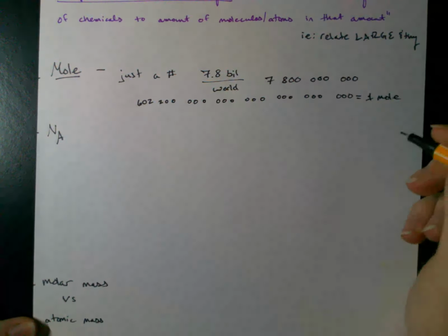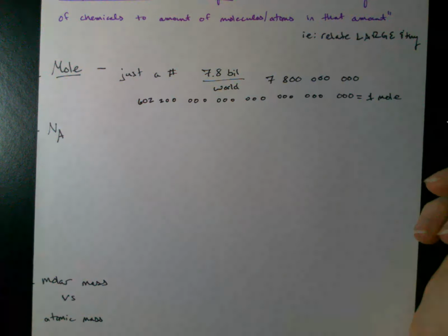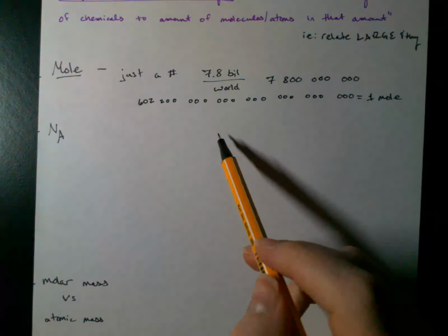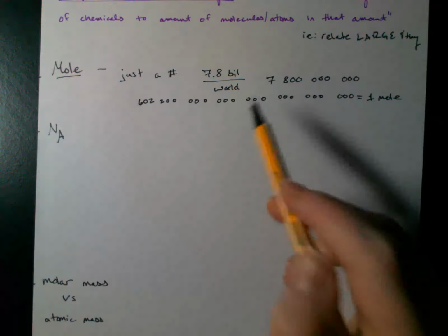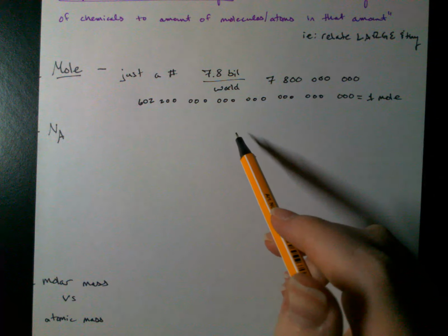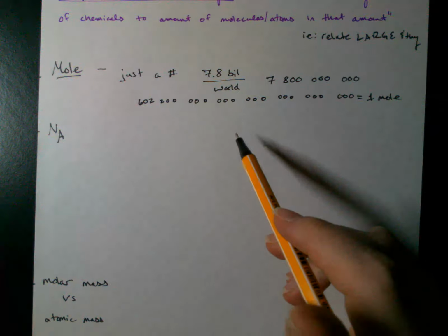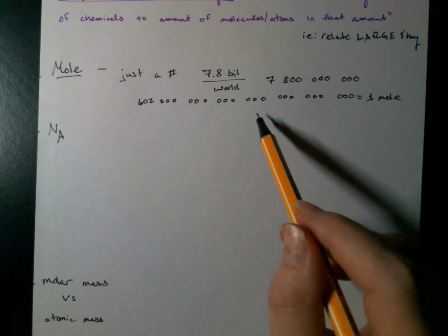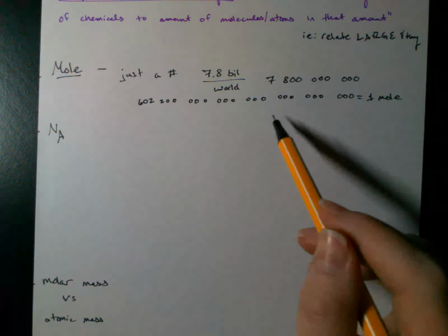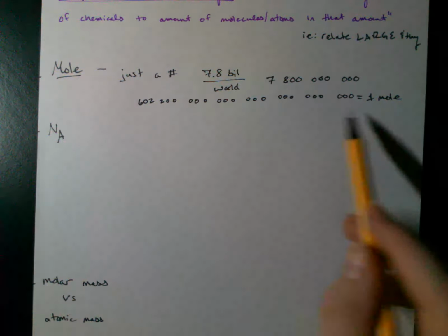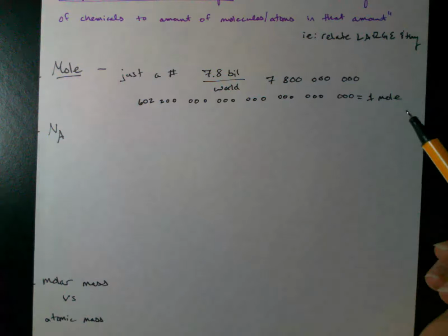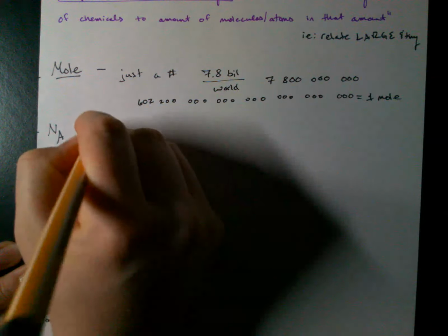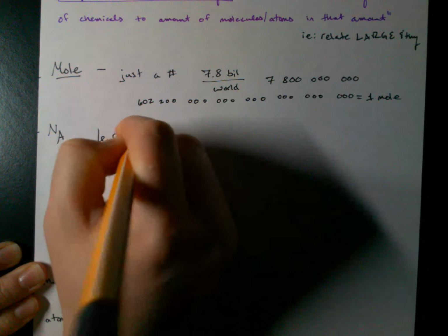It is unfathomably large. Okay? So if I were to say how much of a mole is the 7.8 billion people in the world? How much of a mole do we have of people? That's incredibly tiny, right? So all these zeros it's huge. So remember that there's a bunch of zeros. This is going to be a positive exponent.